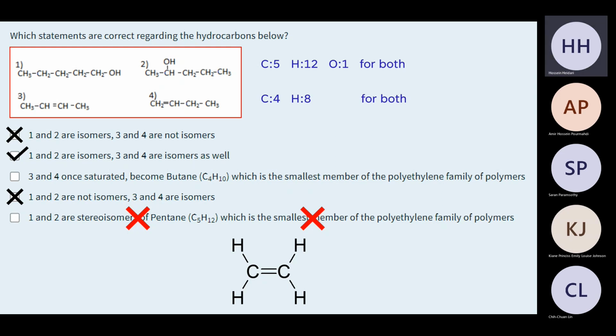And is it the smallest member of that family? Some say that the molecule itself, ethylene, is also part of that family. But the broader accepted reality is that this is a polymer. It has to be at least 2, more than 1, exactly.